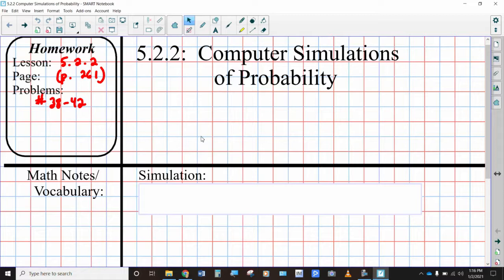So luckily, we talked about this earlier in the year, where we can conduct an experiment. And the more times you conduct the experiment, the closer the experimental probability comes to the actual theoretical probability.